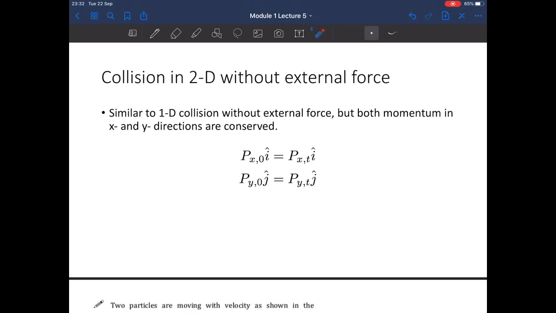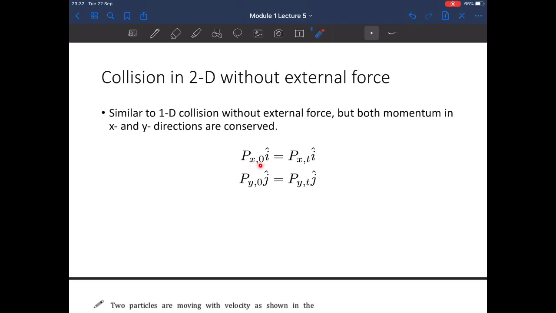So next, let us talk about collision in 2 dimensions with no external force. So this is similar to collision in 1 dimension with no external force, but in this case you need to think about momentum in 2 directions. So in the x direction and in the y direction, the momentum in both directions has to be conserved.